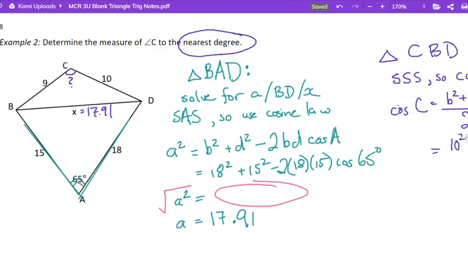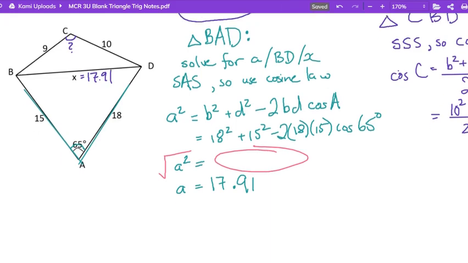So I've got 10 squared plus 9 squared minus 17.91 squared over 2 times 10 times 9. Will it give me the angle C, or is there another step? I have to take the cos inverse.